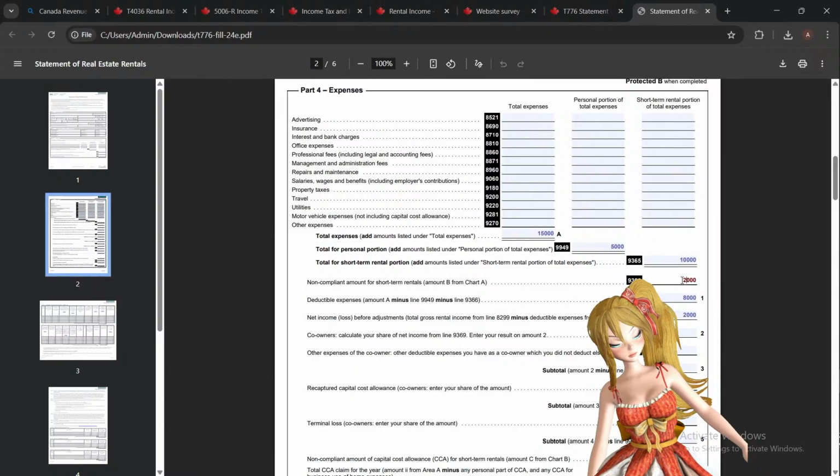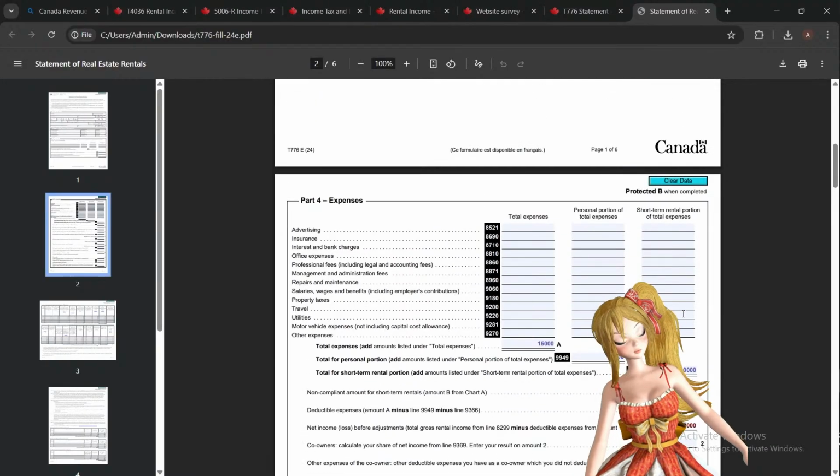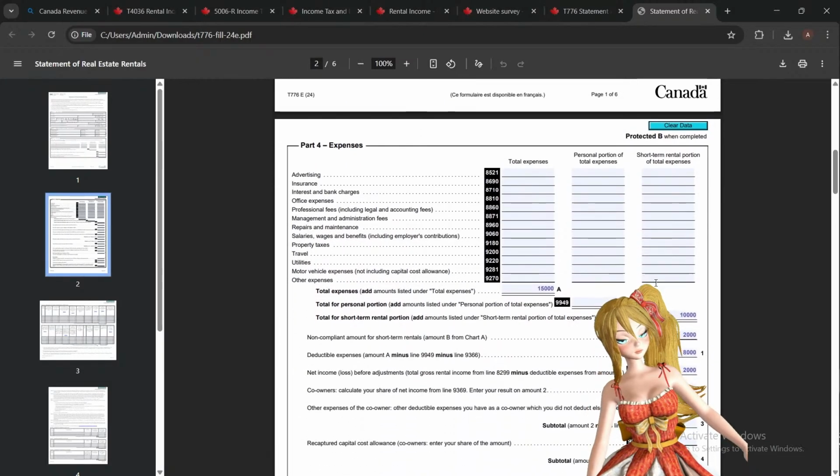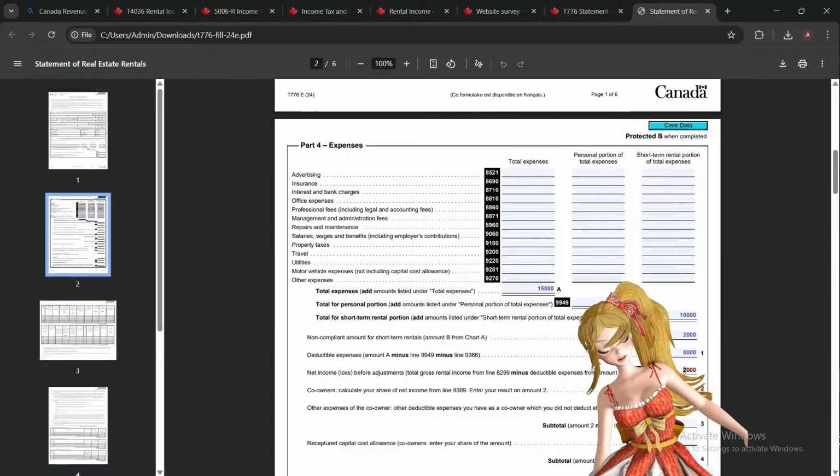So then the skimping on rent reduces my deductible. And now my profit is 2,000. But clearly I'm breaking even, 10,000 and 10,000. The profit is 0. So where's this 2,000 coming from?